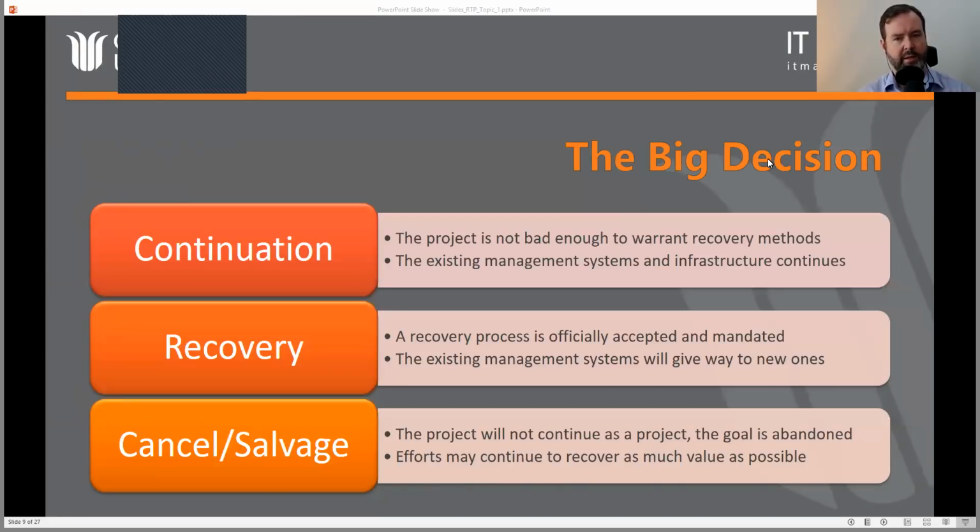It means that the difference is we are abandoning the goal. So if we get to the cancel and salvage stage, we've abandoned the objectives and the goal of the project. If we're in recovery mode, we are abandoning the project management, but we are not abandoning the goal. We're saying that the activities in recovery, the activities that have led to this point need to be fundamentally revisited, but the goal is still worth striving for, even if that gets re-envisaged as well. So this is the really big decision that we face at this point.